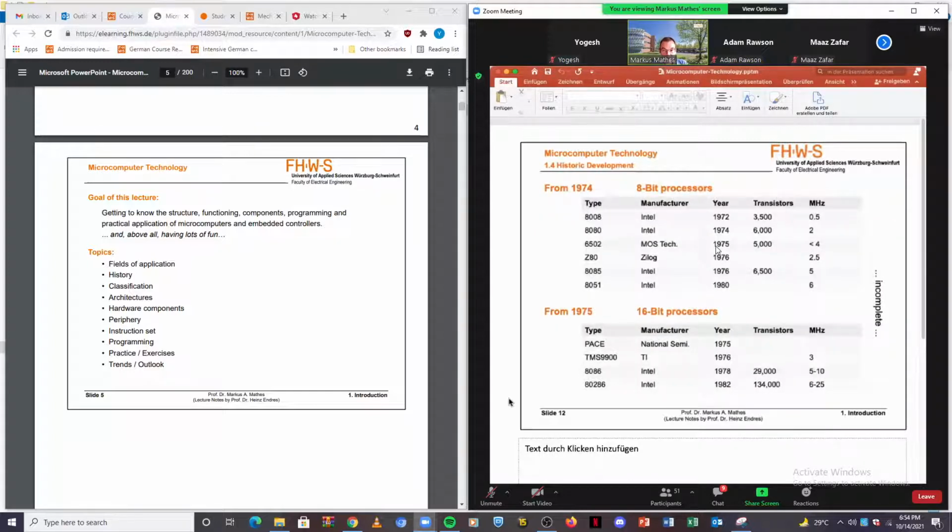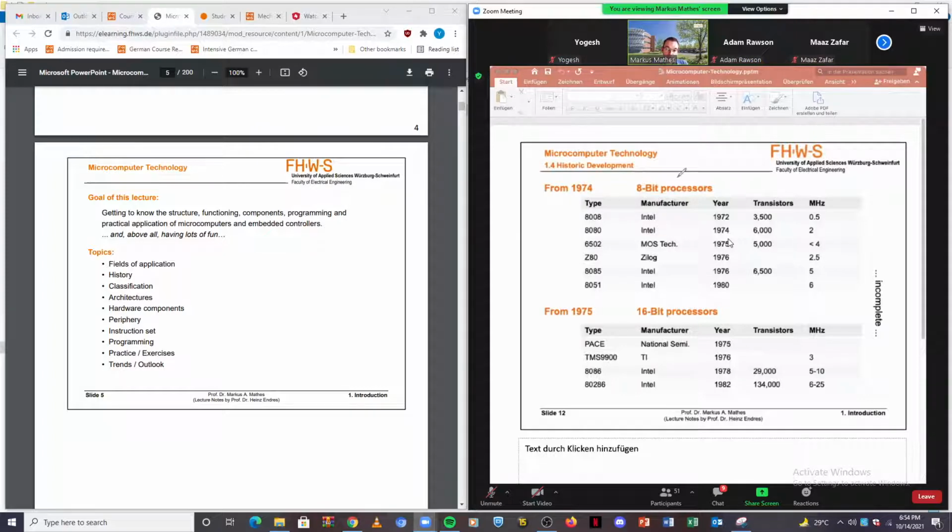So, and now we come to more recent developments in microcomputing. On the next slide, there's my first PC, for example. So if you check here, we have 2 blocks.